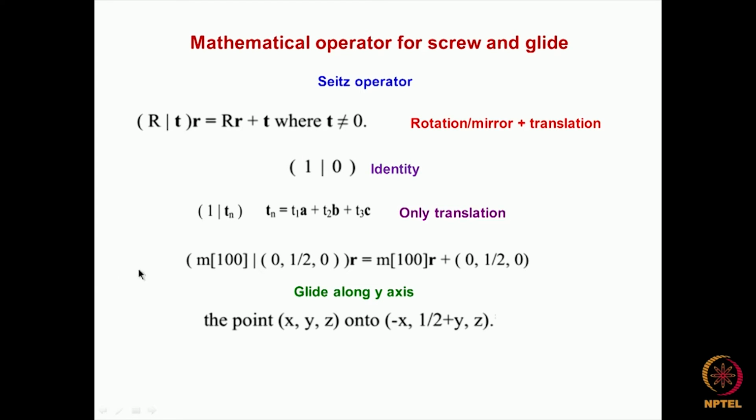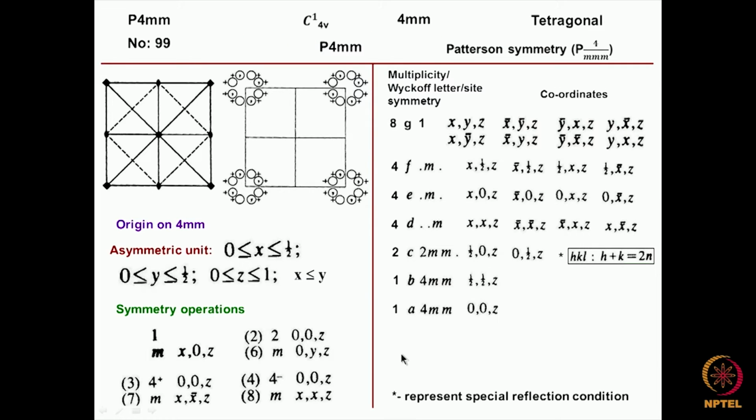Like here, if we put a symbol M100, then the symbol which is used is the glide. This means that the mirror acts first, you generate that position, to which you add the glide, then you get the coordinates of the other equivalent positions. This is how it can be done.